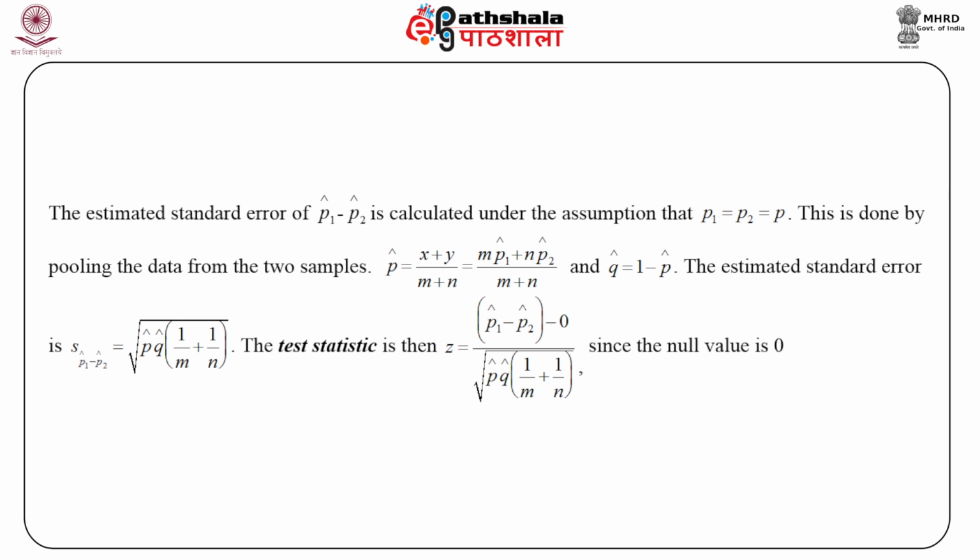The estimated standard error in this case is equal to S of P1 hat minus P2 hat is equal to under root of p hat q hat into 1 by m plus 1 by n.